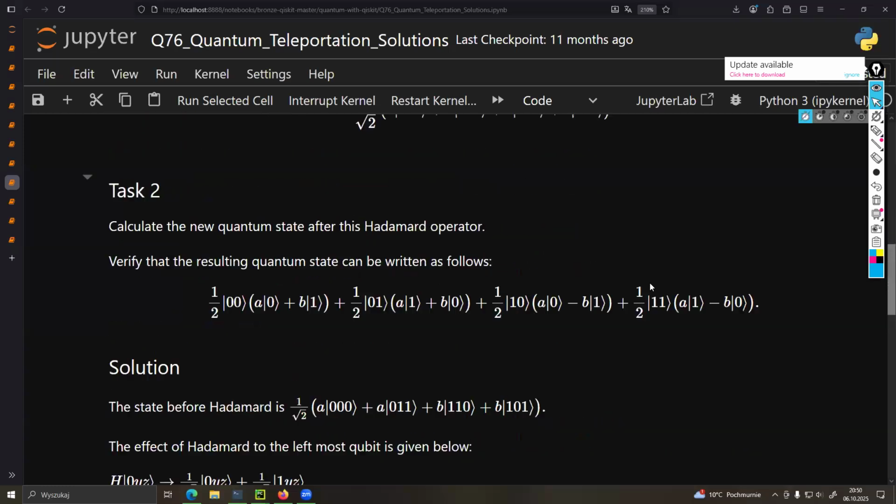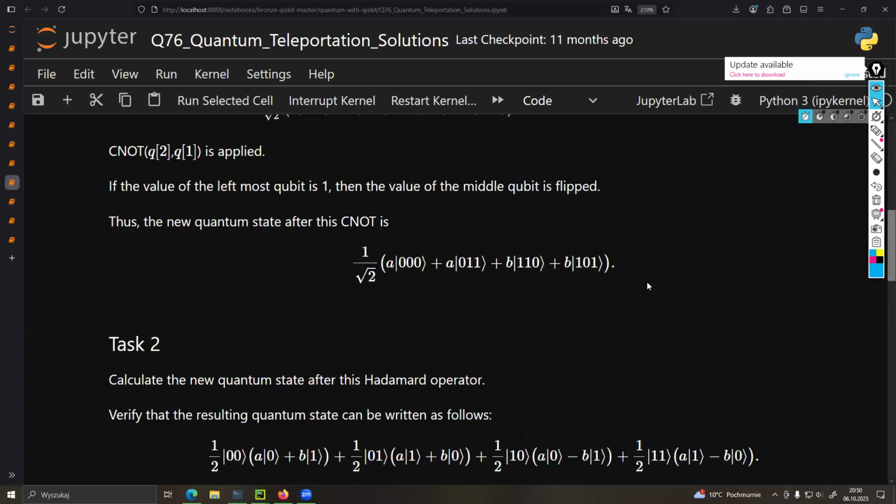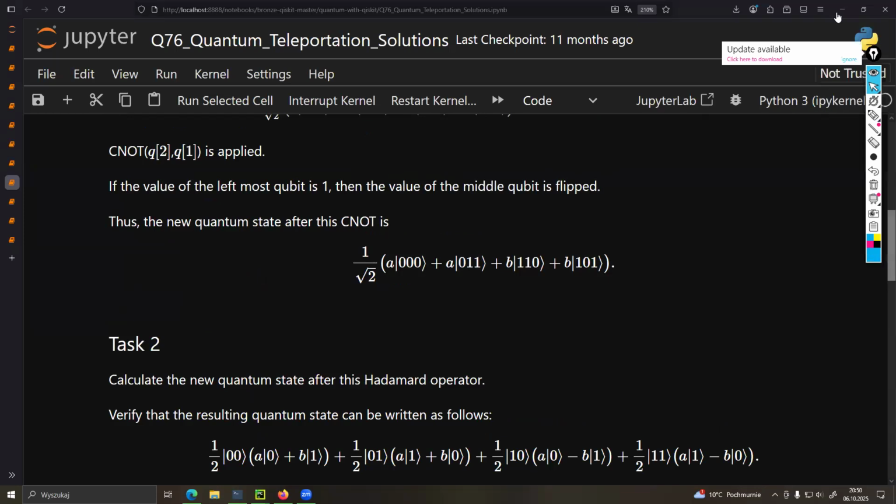I don't know if I have explained it really well, because this is really hard to explain. This isn't really an easy effect to explain and to reason about. This is like something like with superdense coding.